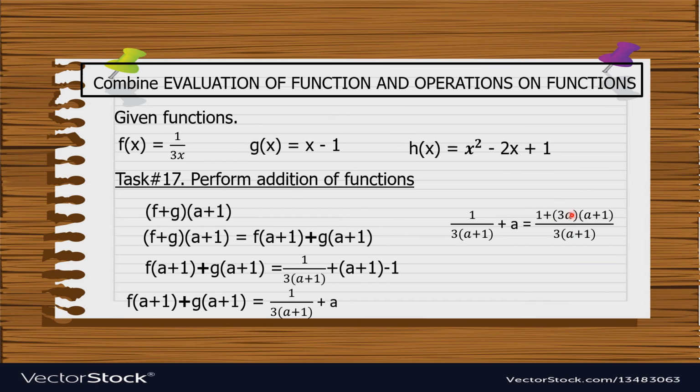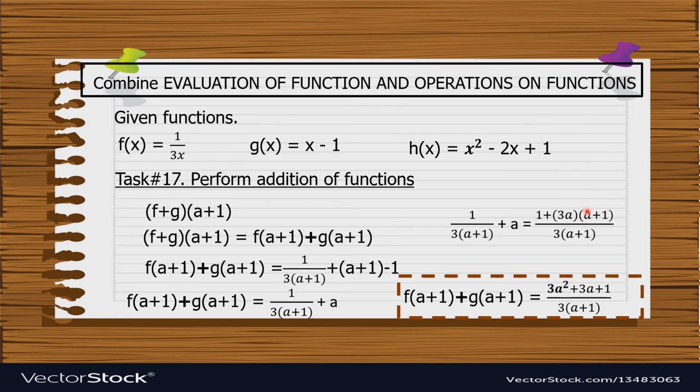So simplifying this using distributive property over multiplication, we have f of a plus 1 plus g of a plus 1 equals 3a squared plus 3a plus 1 over 3 quantity a plus 1.